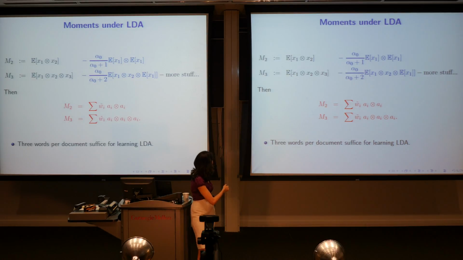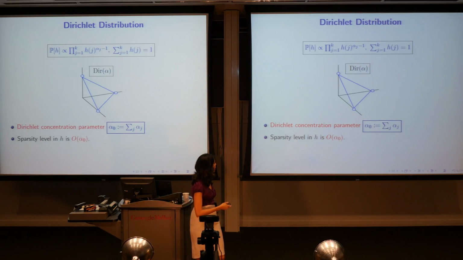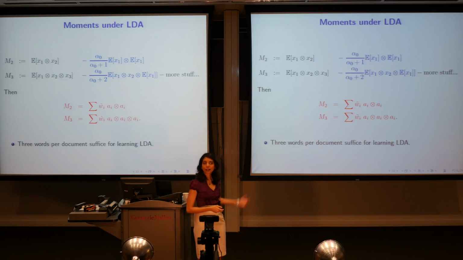And similarly, even for the third order moment, it's possible to write it out, and there are some more terms that I'm not displaying here. You can see the paper for the exact expression. But it turns out that, exploiting this distributional form of the Dirichlet distribution, we can write out the moments and do some very simple pre-processing.